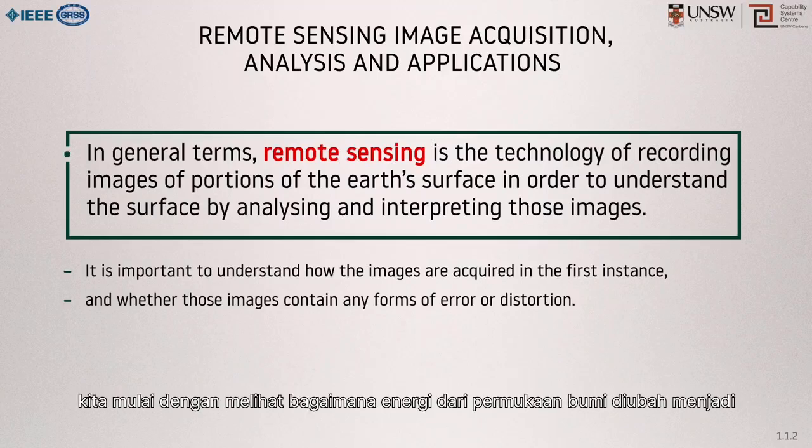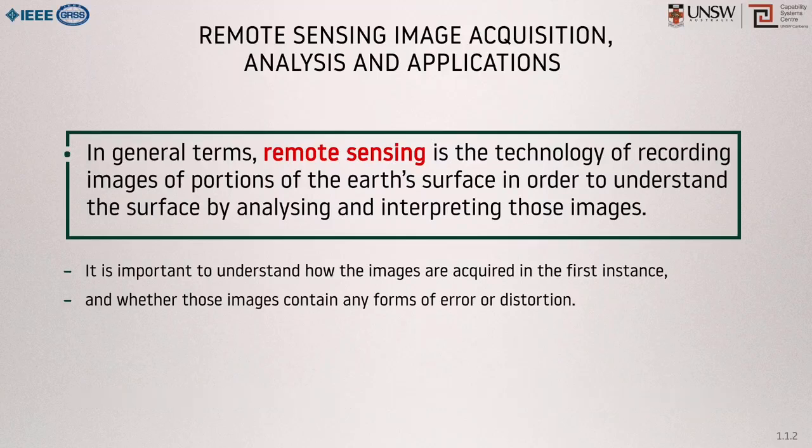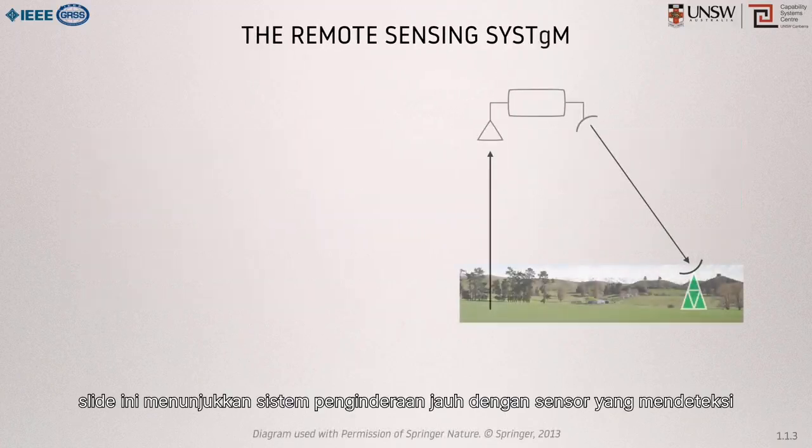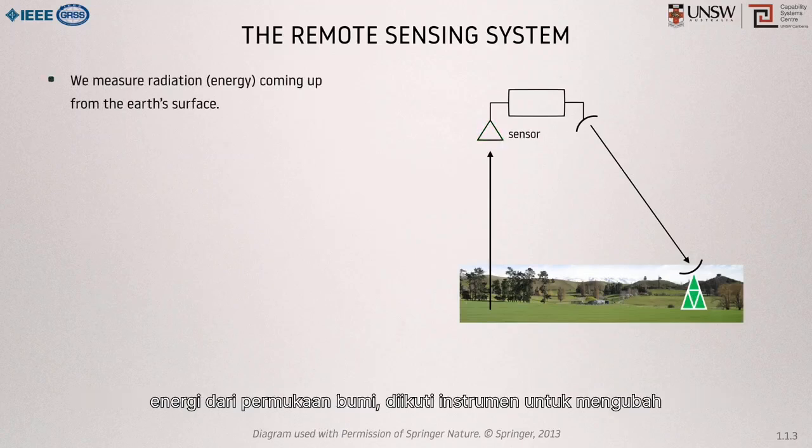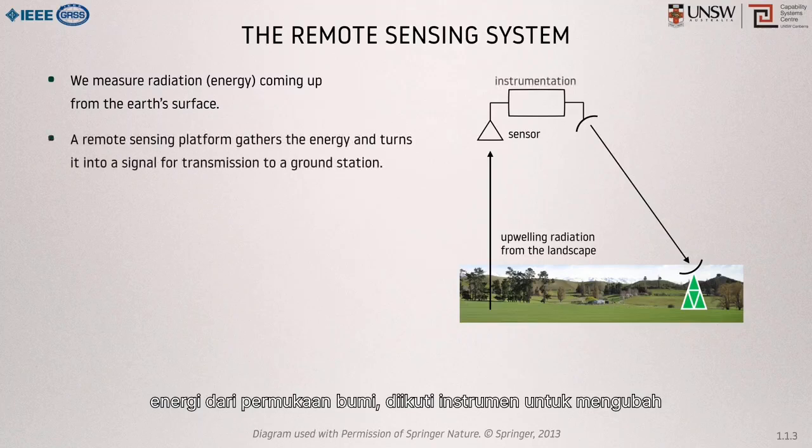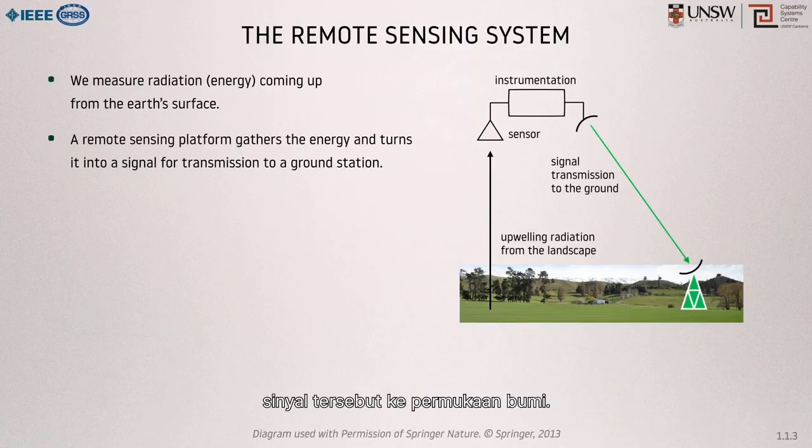We start with looking at how energy coming from the Earth's surface can be made into an image. This slide shows a remote sensing system consisting of a sensor which can detect energy coming from the Earth's surface, followed by some form of instrumentation which can convert that measured energy into an electrical signal, and a means for sending that signal to the Earth's surface.